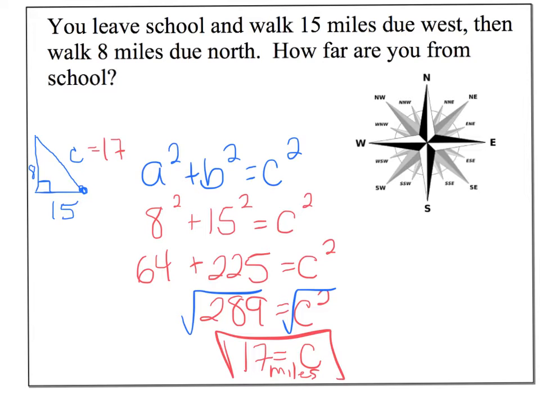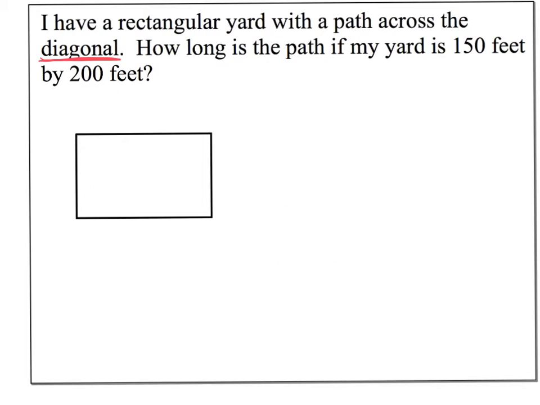Another example of a Pythagorean word problem, so go ahead and read it. So this one, it's important to see that they're talking about the diagonal crossing the garden. So you might think of it here, or the other diagonal is fine.